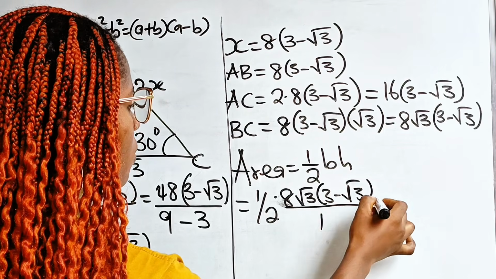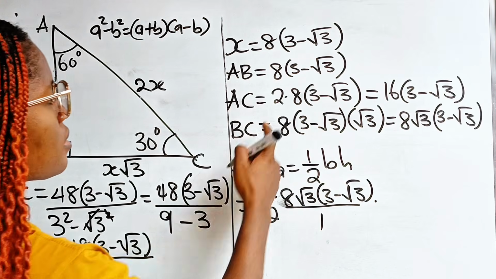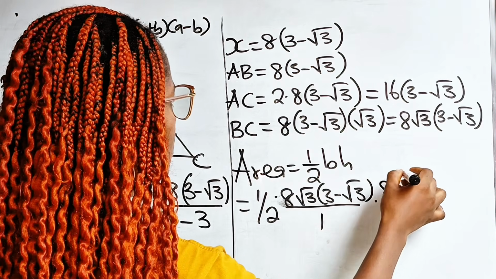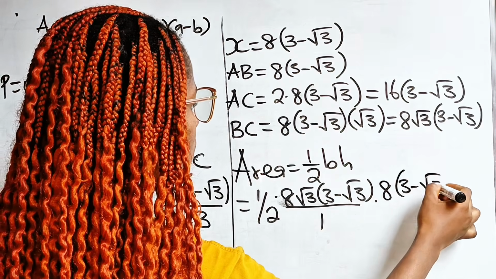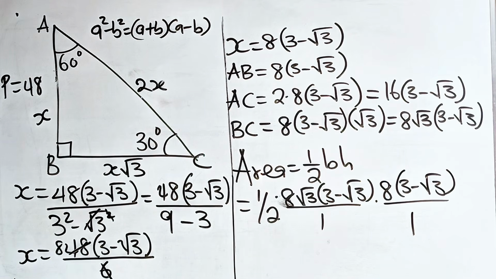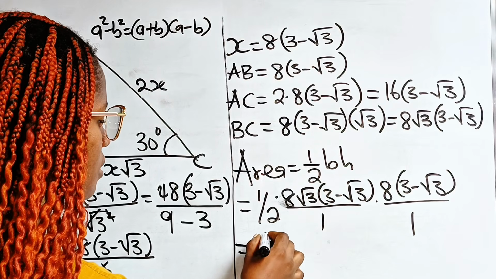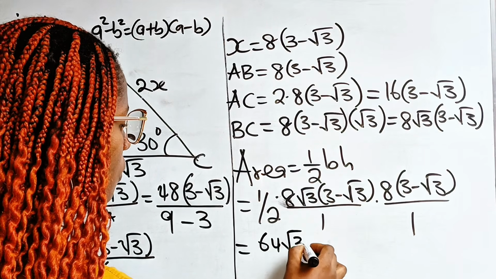Let's say it's over 1 multiplied by our height. Our height is AB, which is x. So it's going to be 8 bracket 3 minus root 3. Let's say over 1 to balance it up. So solving for that, 8 root 3 times 8 is 64 root 3.